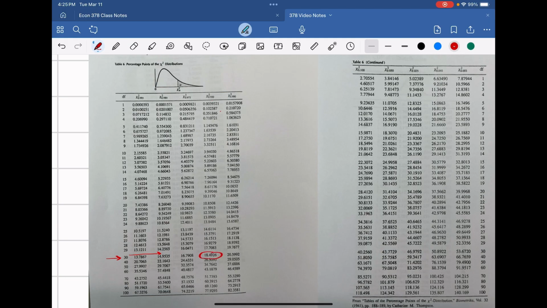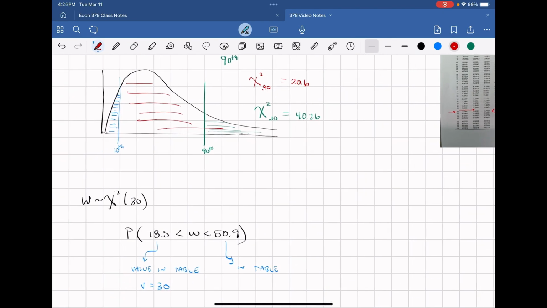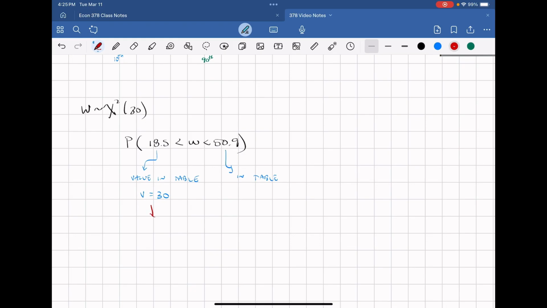And notice that alpha is 0.95. So that's all the way over here, the value of 18.49 or 18.5. We get 0.95. So in this case, this corresponds with an alpha of 0.95.